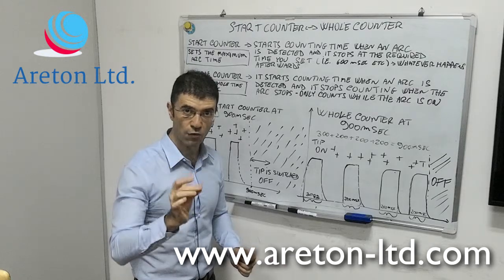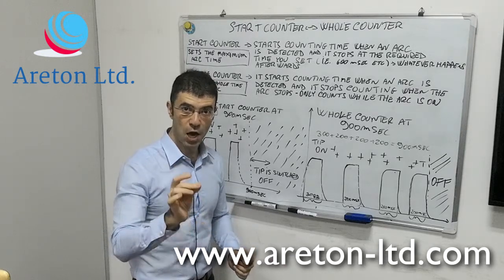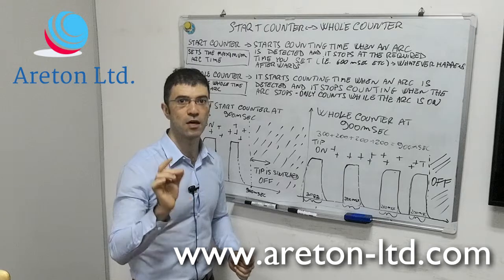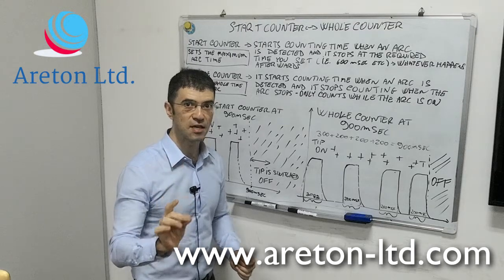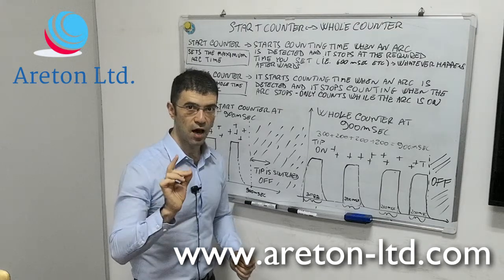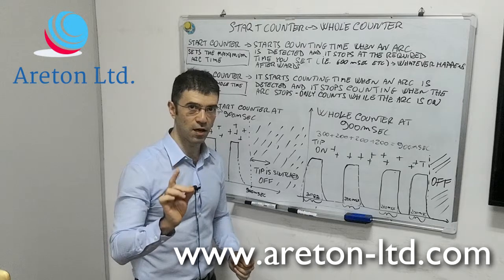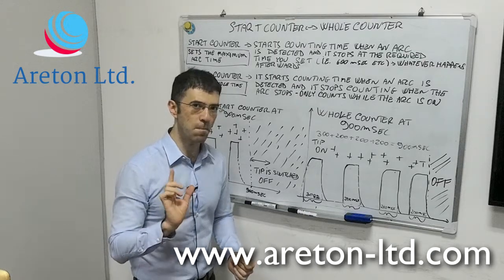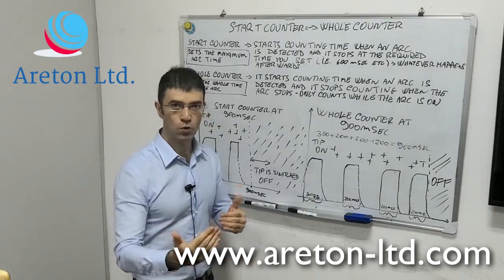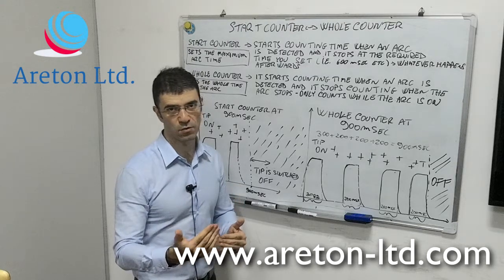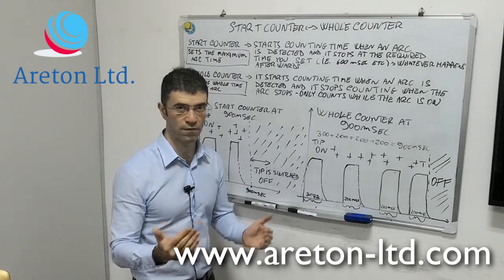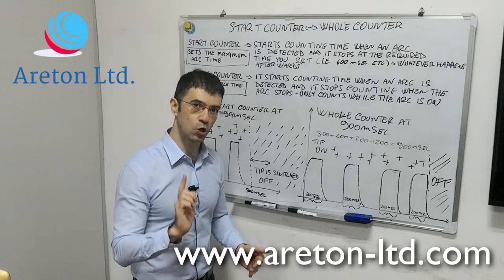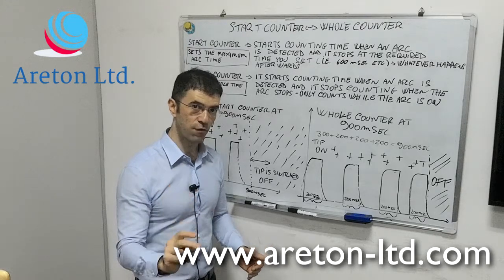It will switch off the tip of the device 900 milliseconds after it detected the first arc, the first voltaic arc. That's very important, and it does not matter whether during those 900 milliseconds there have been 2, 3, 4, 5, 7 arcs or whatever. It only looks at the first arc.